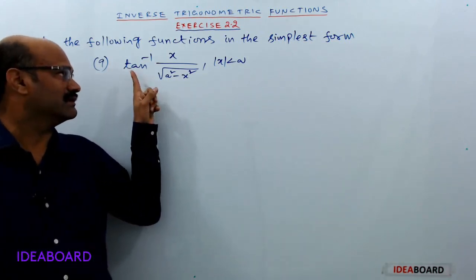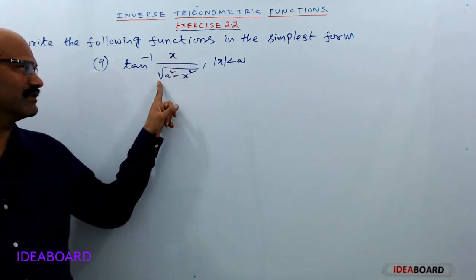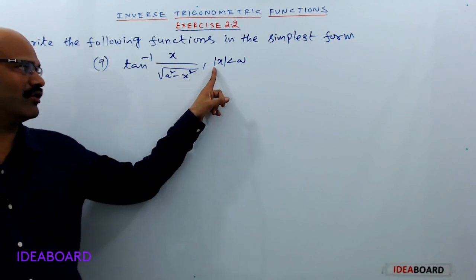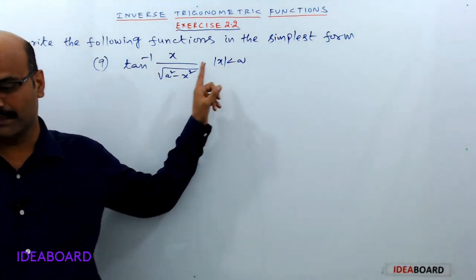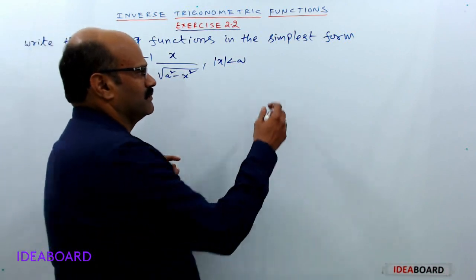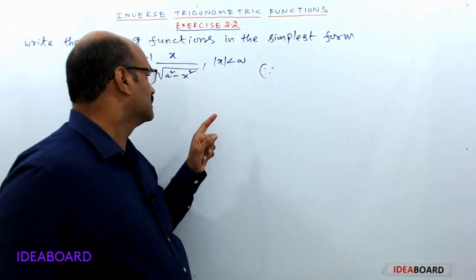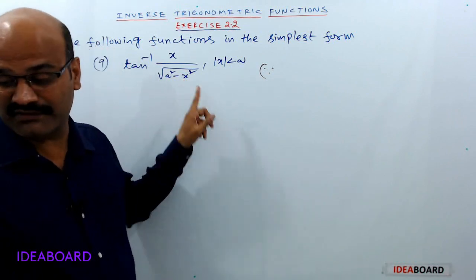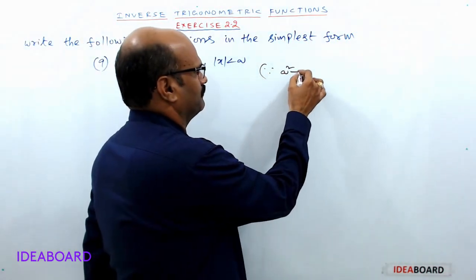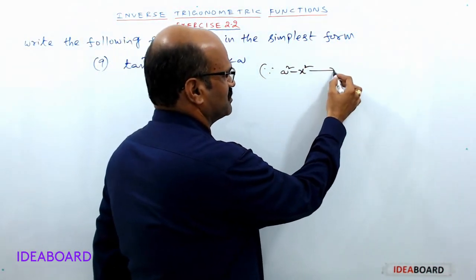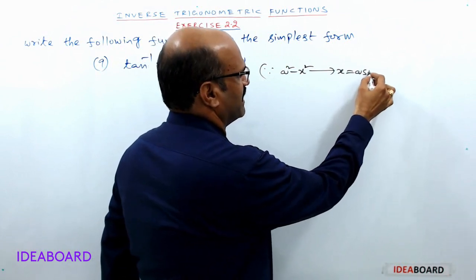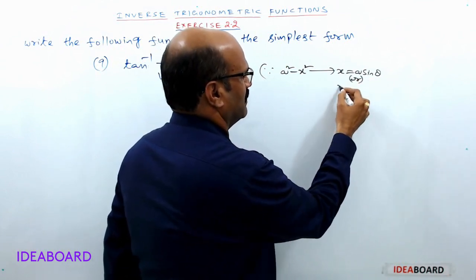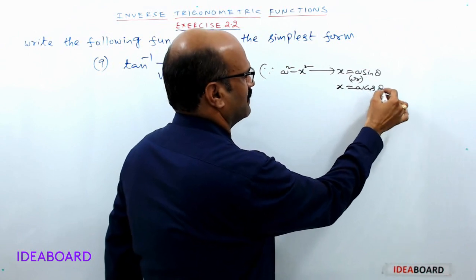Ninth problem, tan inverse of x upon square root of a square minus x square, mod x less than a. Whenever we have the expression a square minus x square, the substitution is put x equal to a sin theta or x equal to a cos theta.